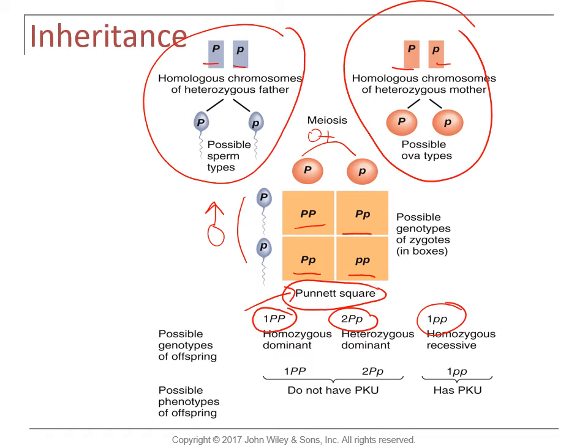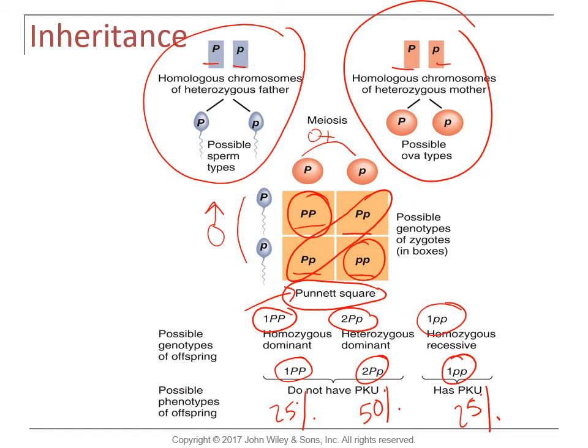Notice from the Punnett square that 25% of the offspring have a genotype of big P big P, 50% have big P little p, and the remaining 25% are little p little p. People who inherit big P big P or big P little p are not going to have PKU, and those with the little p little p genotype are going to suffer from the PKU disorder.